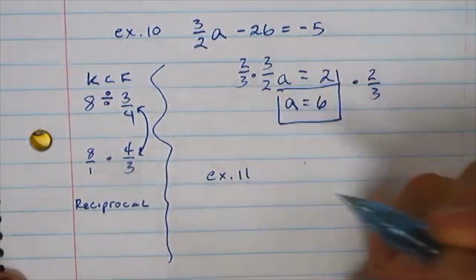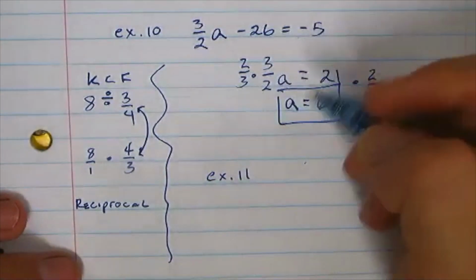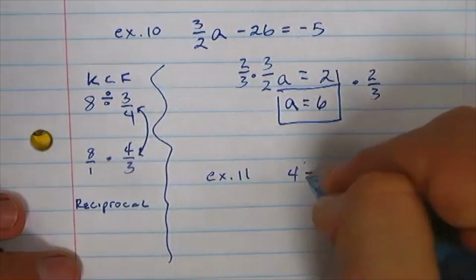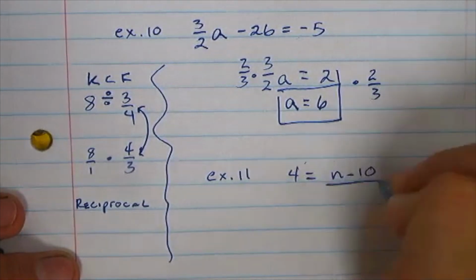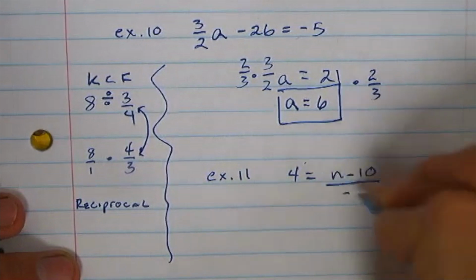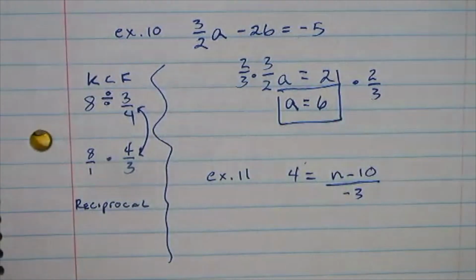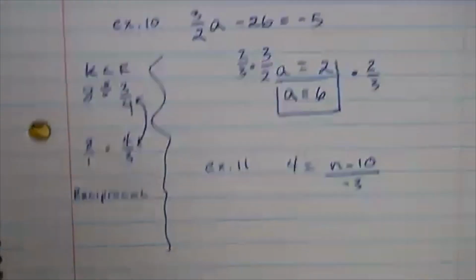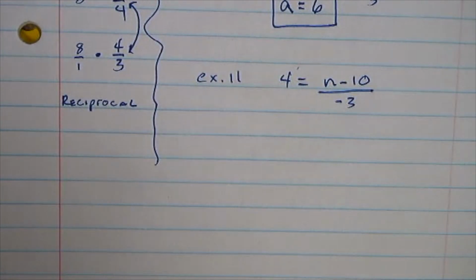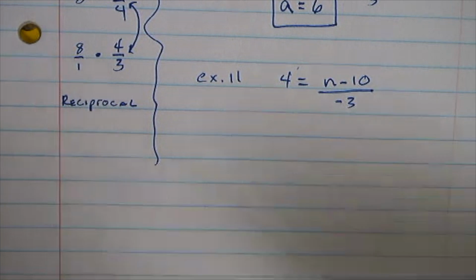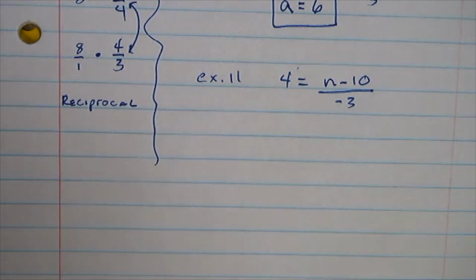All right, example number 11. We have 4 equals n minus 10 all over negative 3. Now this one's a little different. It is just a two-step problem. We've got subtraction and we've got division, and normally in a two-step we would focus on the addition or subtraction first.